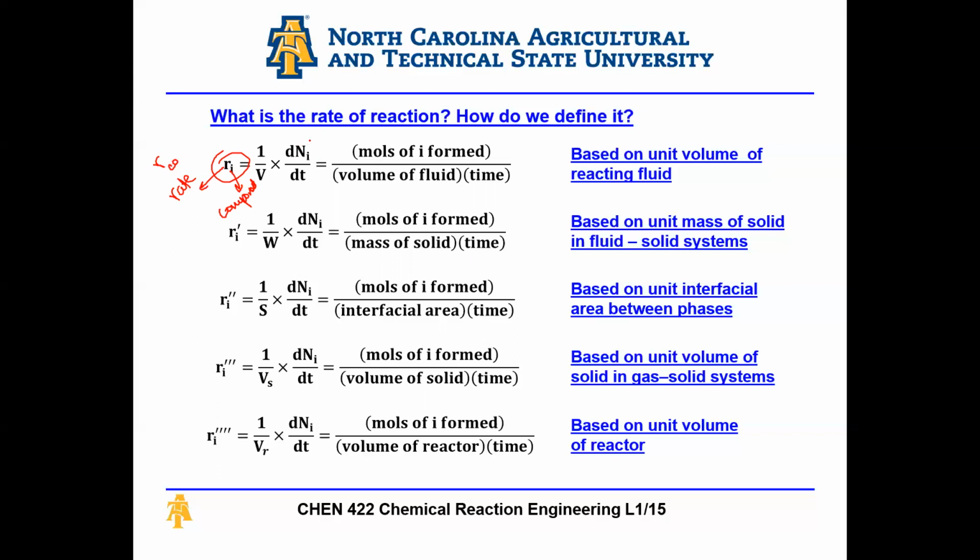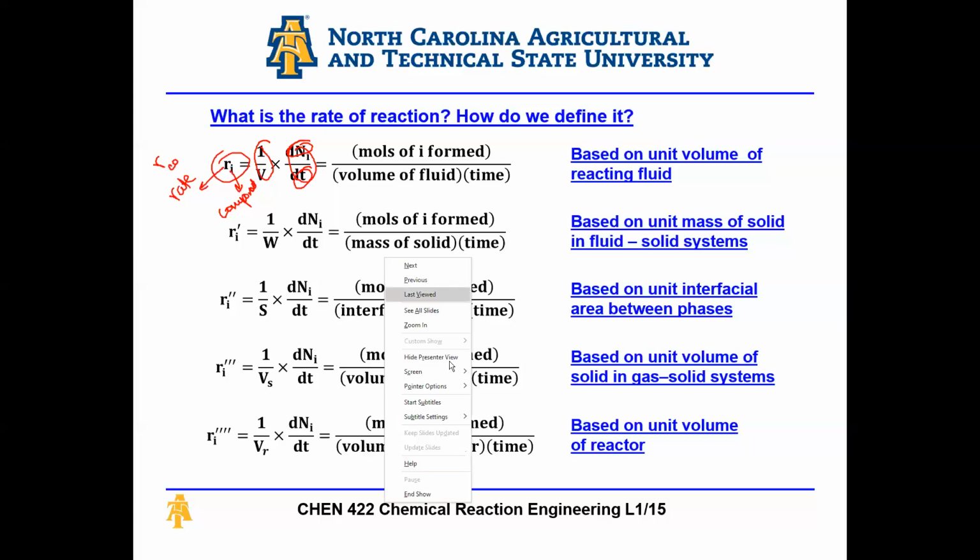And then your rate of reaction usually involves dNi, which is the rate of change of number of moles of component I per time, right? Because it's a rate, you always have time. So dNi by dt will always be present, right? It's the change of number of moles per time. However, in addition to dNi by dt, we usually try to present the rate of reaction in terms of some other type of space parameter.